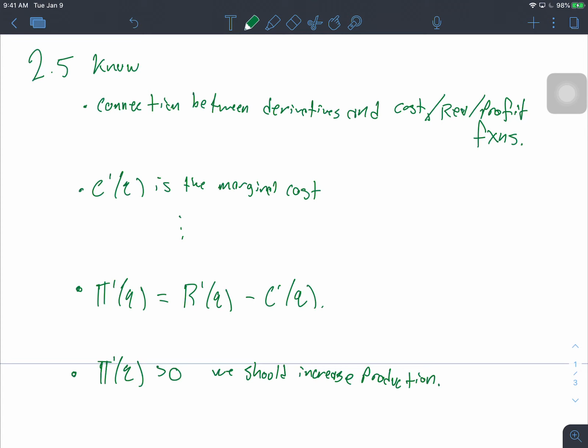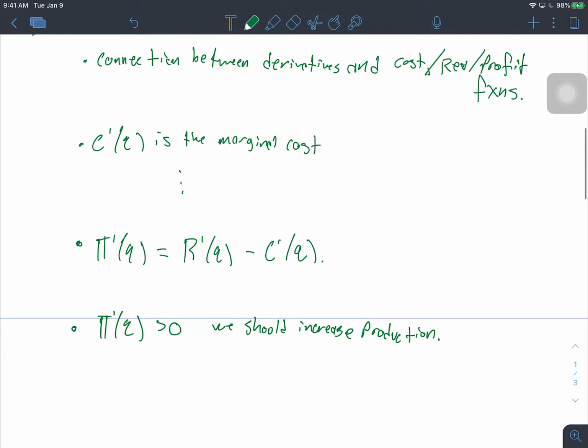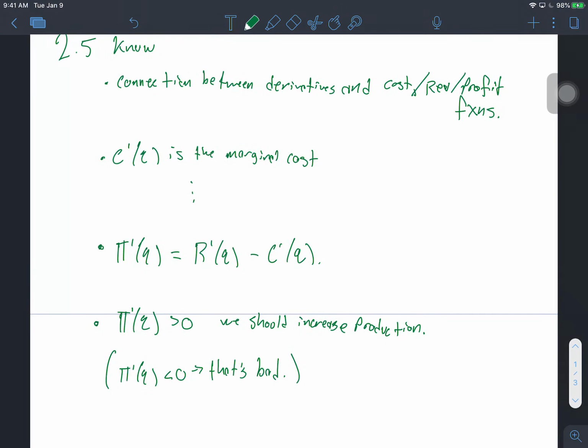That means that if Q increases, then profit will increase, which is great. So we should increase Q, in other words, the number of items we're producing, so that we can increase profit. And if pi prime of Q is less than 0, that's bad. All right, that's 2.5.